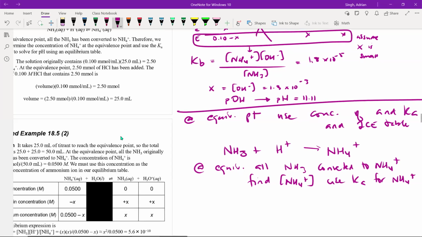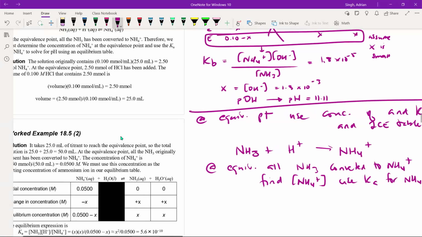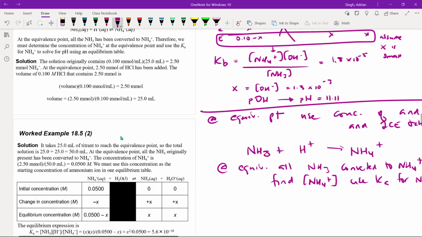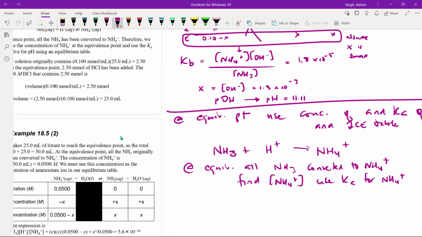All right, so originally the solution would have contained 0.100 millimoles of the NH3 per mL.